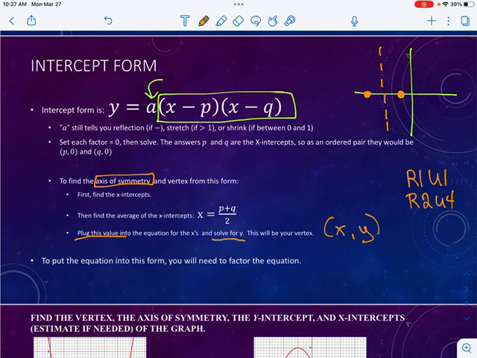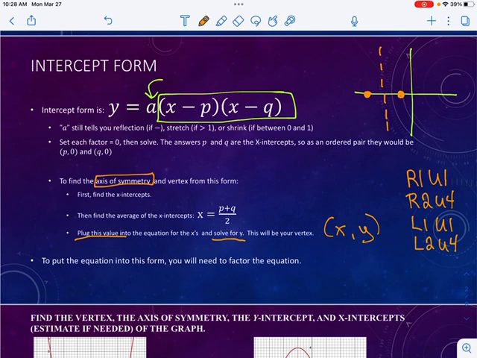Those still work. Left 1, up 1, left 2, up 4. Those work for all 3 methods. And if we have a stretch or a shrink, we can alter the up values just like we did back at the beginning.